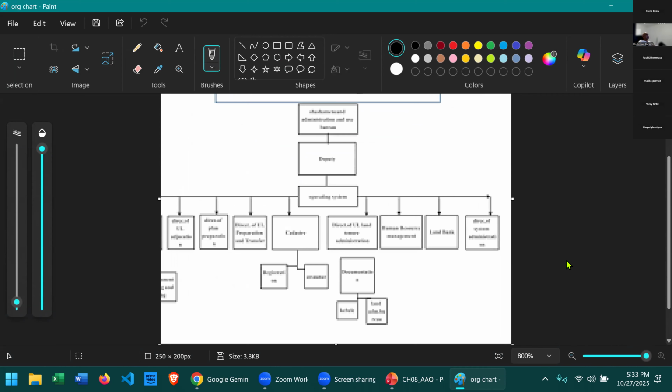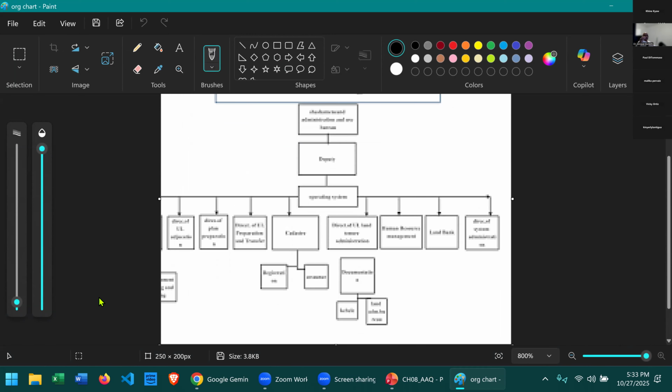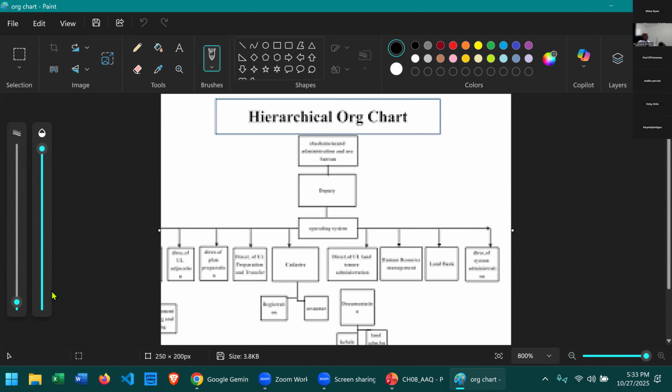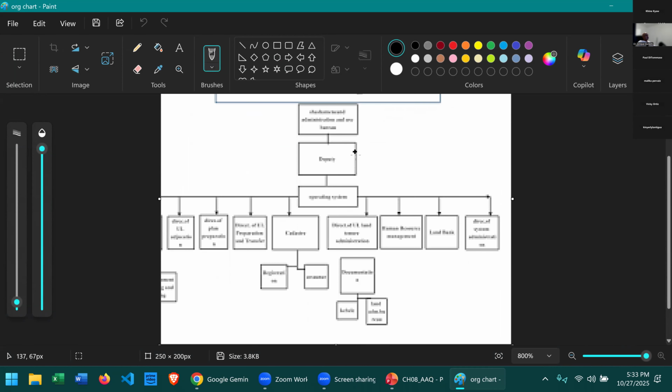All right, so it just gives you sort of an idea. It's not all that great because I'm not using the right software, but it just gives you an idea of an organizational chart. Usually the company's president or CEO is at the top, and then you may have various departments like accounting, marketing, finance, human resources. Within that, you would have each department head who is reporting to that.